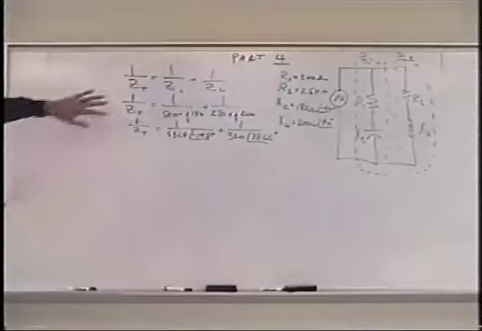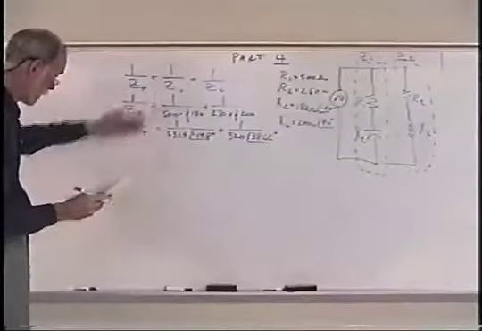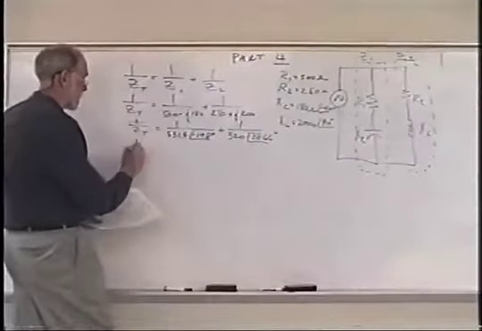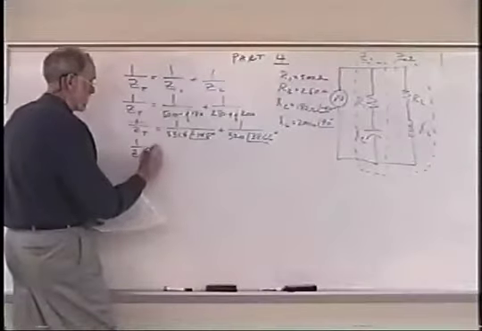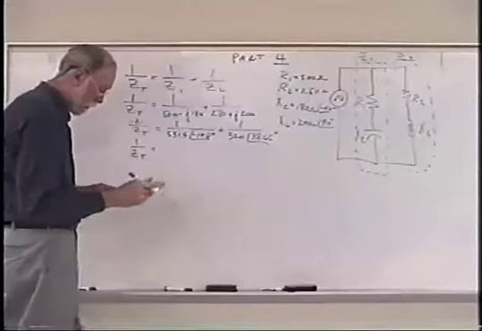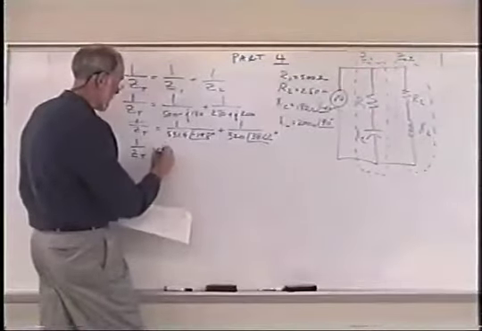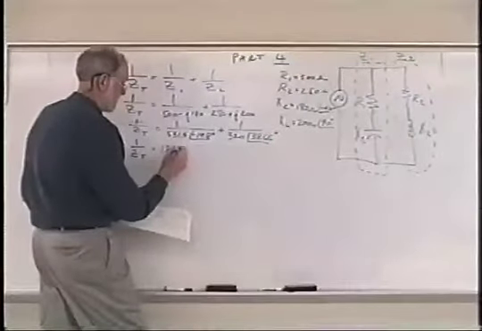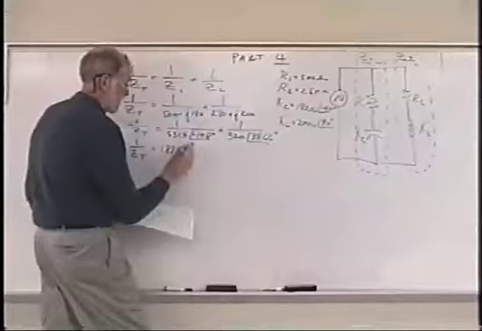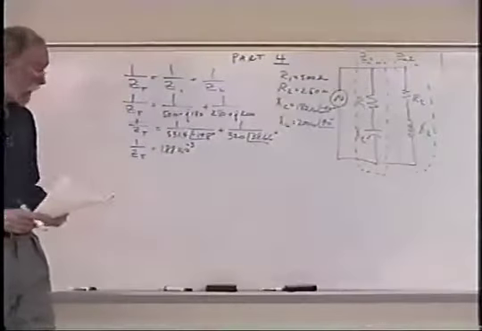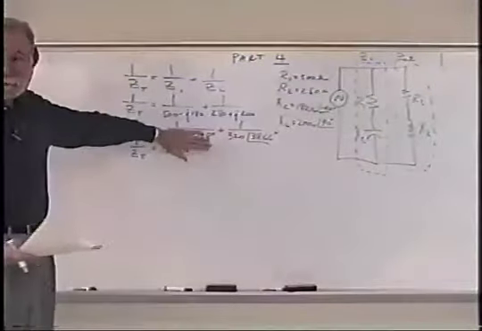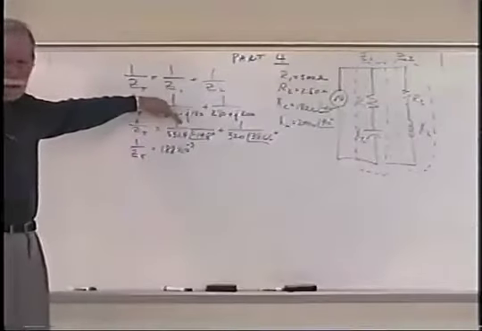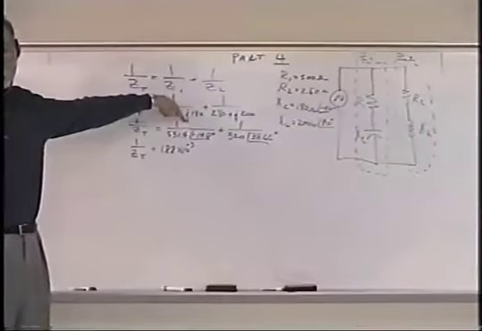Now we are prepared to take the reciprocal. The reciprocal of 531.4 is 1.88 times 10 to the negative third. Now, the reciprocal of the angle, remember the angle on top, if it's not indicated, is going to be 0.